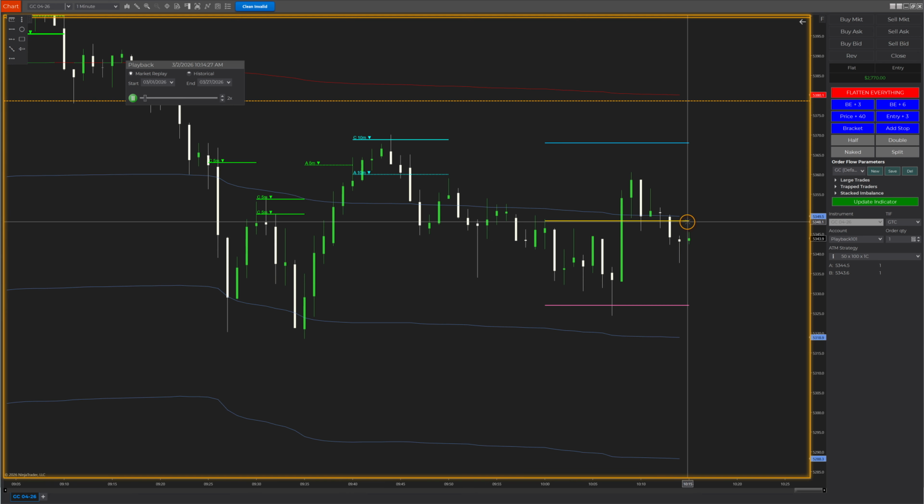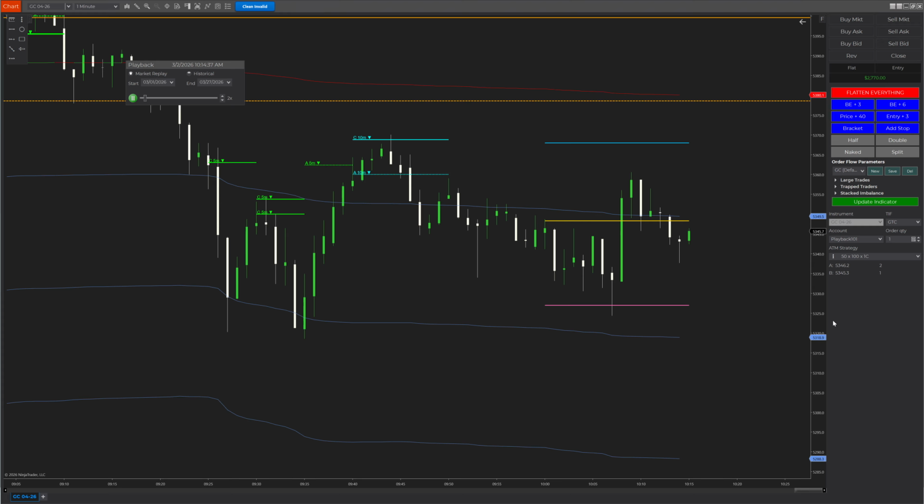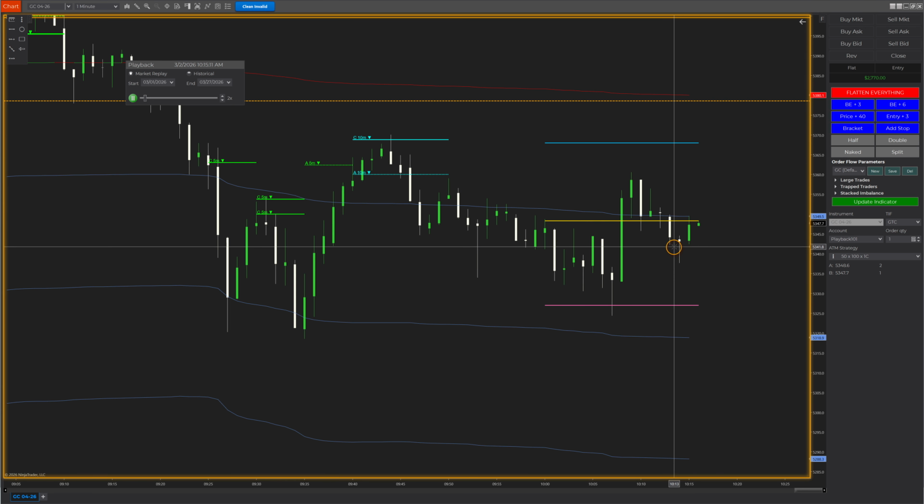Okay, pullback to the POC. Throw me a signal nearby. Right there. Just for extra confluence.